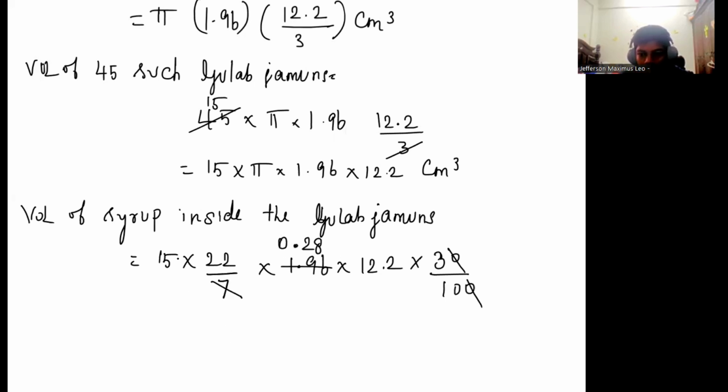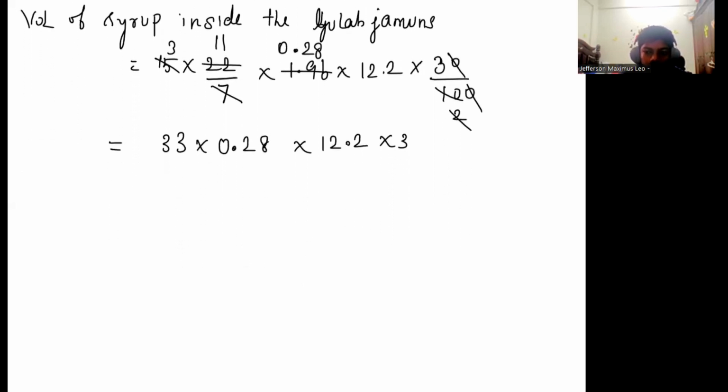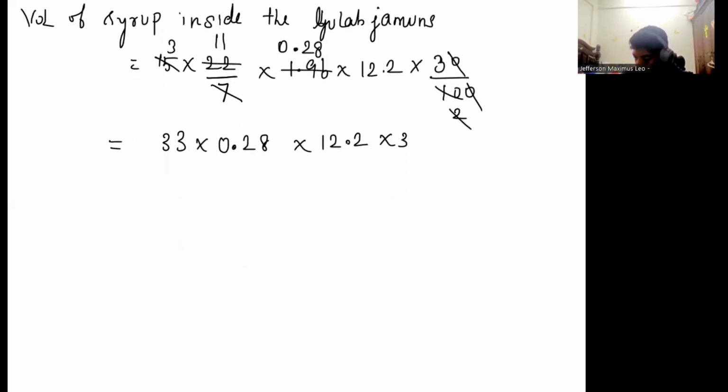Now 3 fives are, this is 2 fives. Now 1, 2, and this is 11. 3 times 11 is 33. And what is it? 0.28 that is remaining and 12.2. So if we collect all the numbers that are there, confusion won't come. Now multiplying all, ma'am. Do the multiplication work and say the answer please quickly. That is the final step.